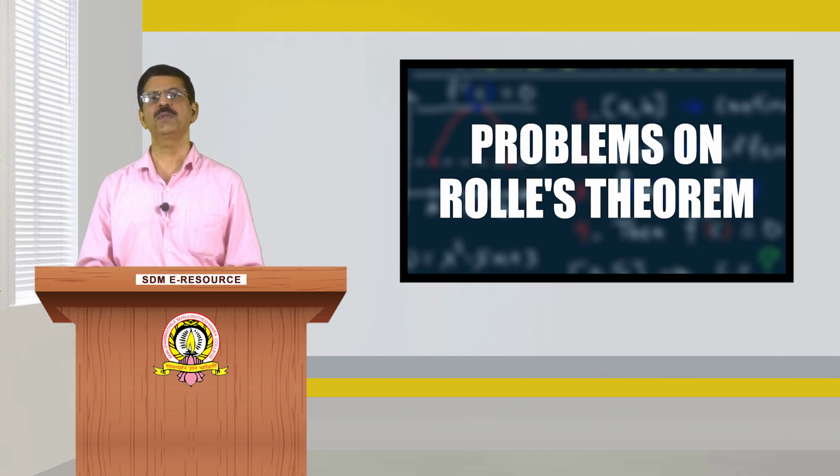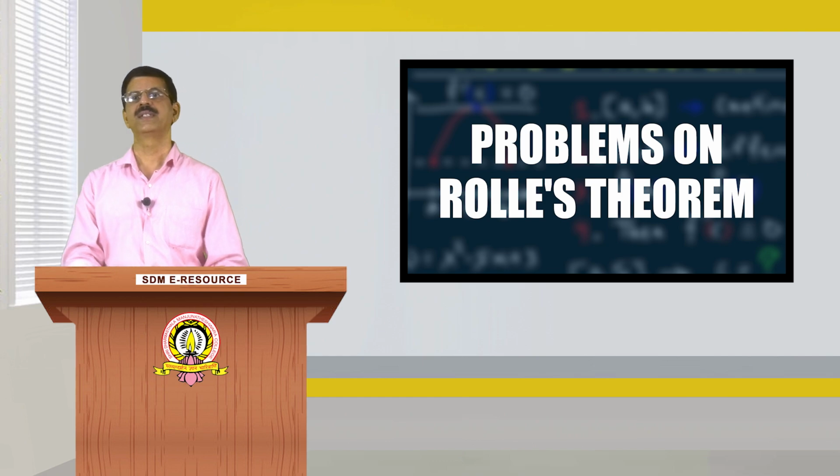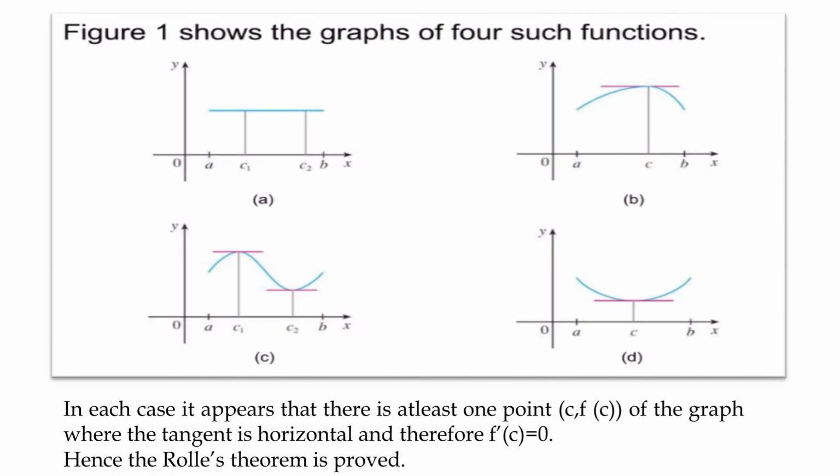To support this, here we will try to understand the concept of Rolle's theorem geometrically. See, I have sketched some graphs here. You will observe that, as I have told you, the greatest value is equal to the least value. In this case, the function reduces to a constant function.